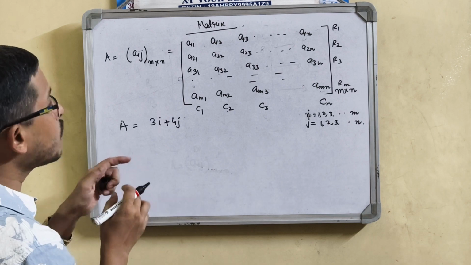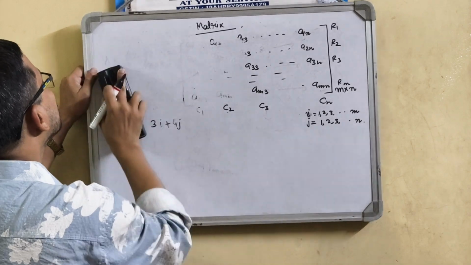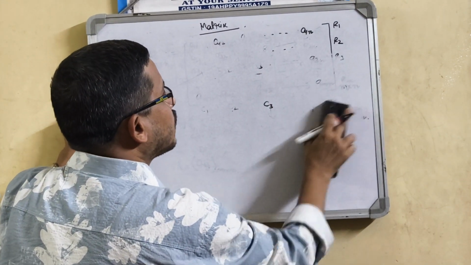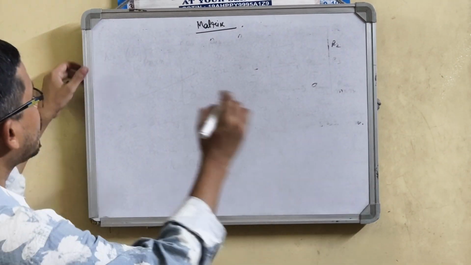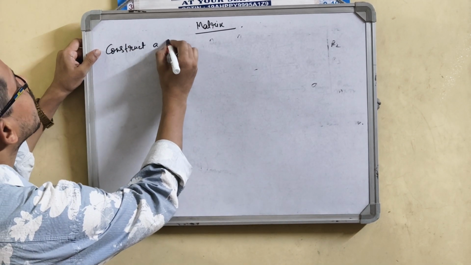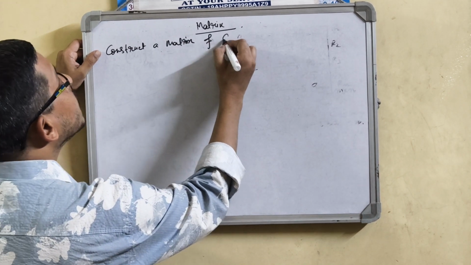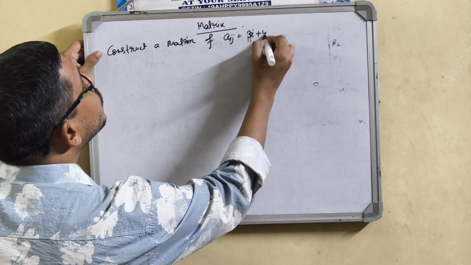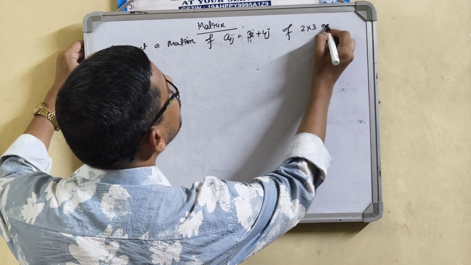Now construct a matrix. The problem is: construct a matrix of aij equal to 3i plus 4j of 2 by 3 order.